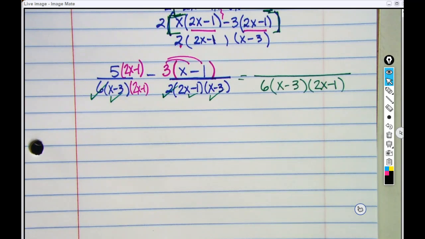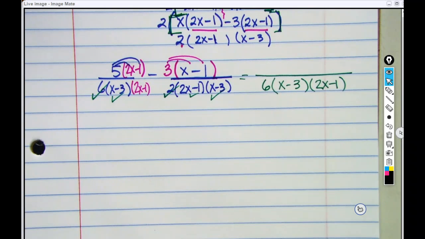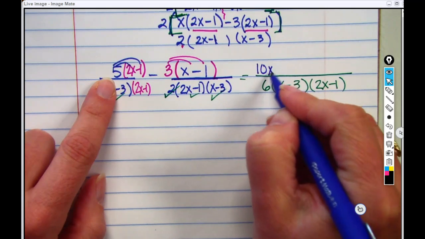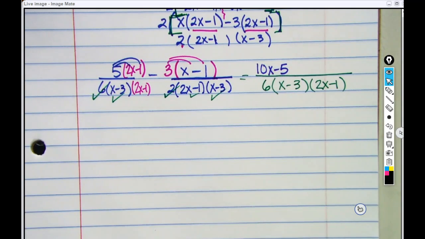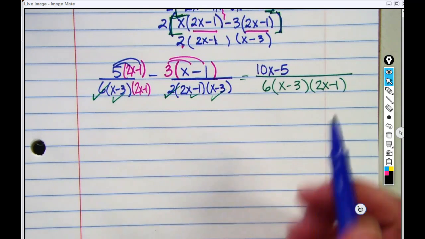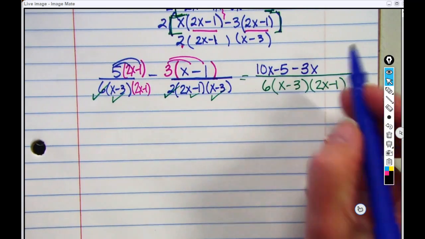Now that we've got that, let's distribute. Am I going slow enough for your notes? Okay. 10x minus 5. What are we not going to forget on this next half? All right. So negative 3 times x is negative 3x plus 3.